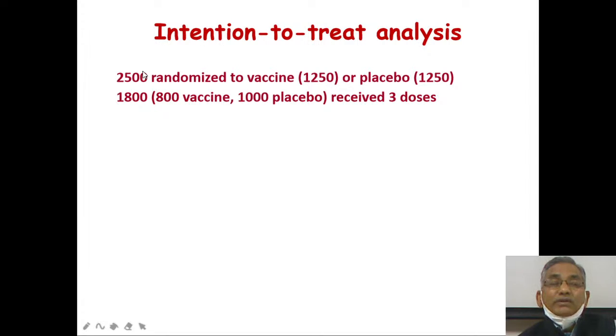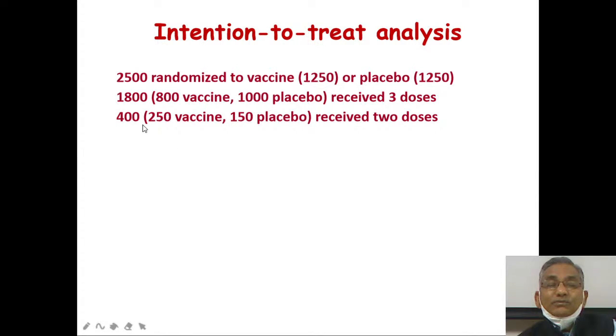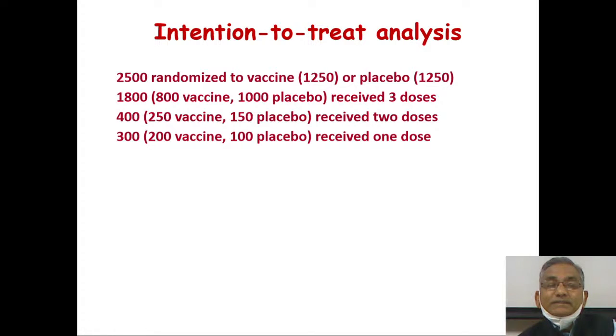Out of 2500, only 1800 received 3 doses, 800 in the vaccine arm and 1000 in the placebo arm. So out of 1250 allocated to vaccine, only 800 received what they were supposed to receive. And in the placebo arm, out of 1250, 1000 received. Then 400 received 2 doses, 300 received only 1 dose. Right? So this is what it is.